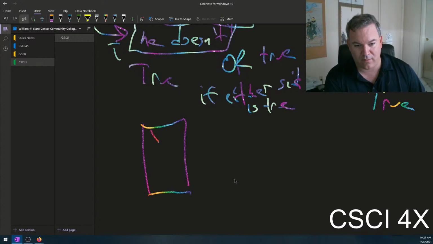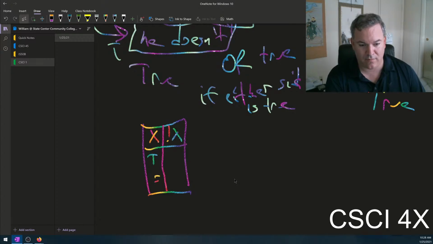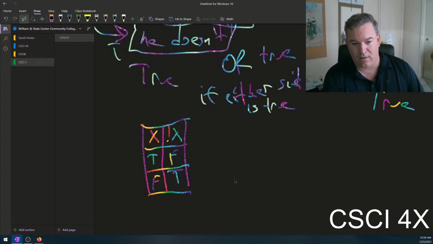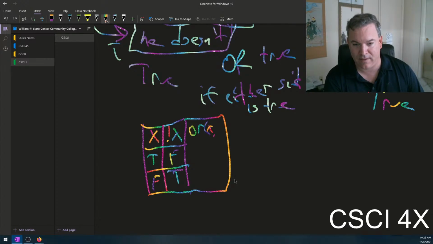We have X, not X: true, false, false, true. And then how do we write down or of X and not X? I believe your textbook uses the logical conjunction operator.